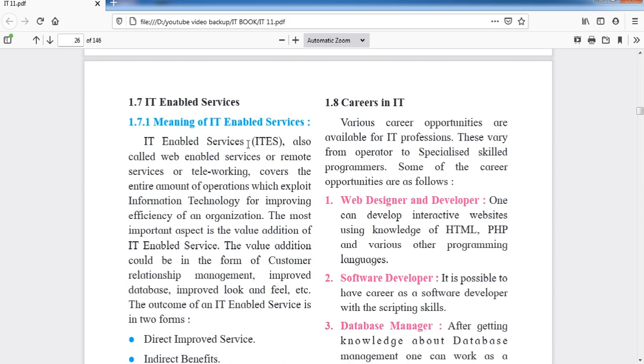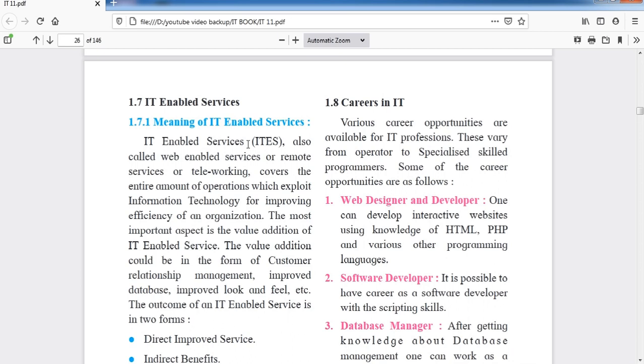I can call on that helpline, tell them my issues in the mobile and they will tell me the solution. That is also an IT enabled service. So it improves the relationship between the customer and the organization. They use IT services to improve their relationship with the customer.